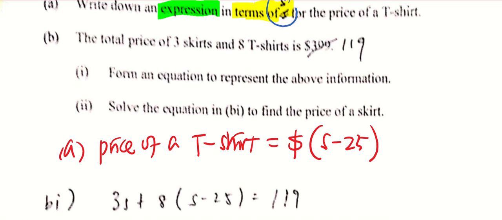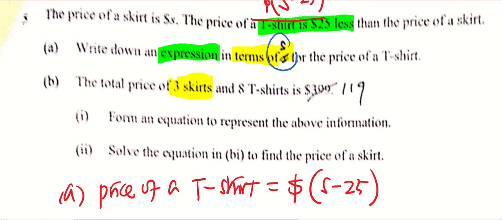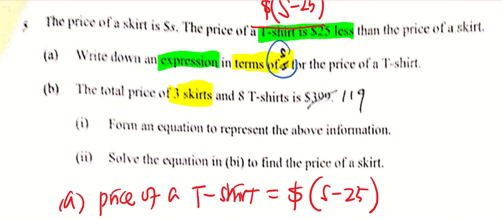Next, part B, the total price of 3 skirts and 8 t-shirts. Okay, so now you have to be careful. Immediately I can write down already, because they're asking for the total price, so I can write down the price of 3 skirts. Each skirt is S dollars. So therefore, 3 skirts must be 3 times S dollars, or 3S dollars.